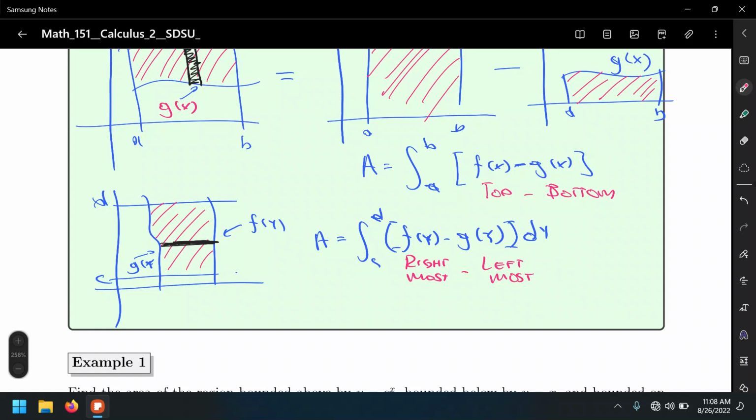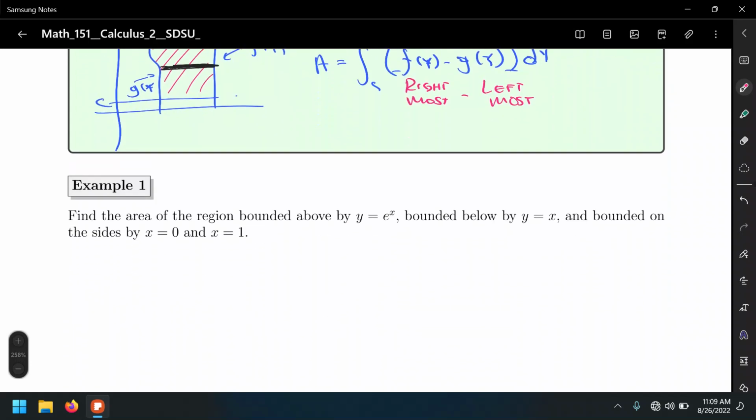All right, rightmost minus leftmost. Well, of course, this is everything in symbols, very generic. How about we see this in action with actual examples involving some functions and numbers, etc.